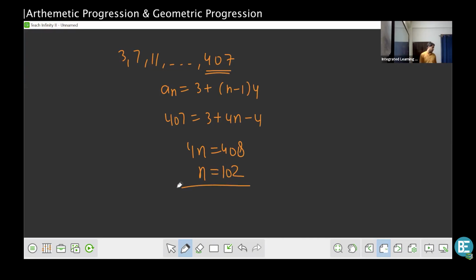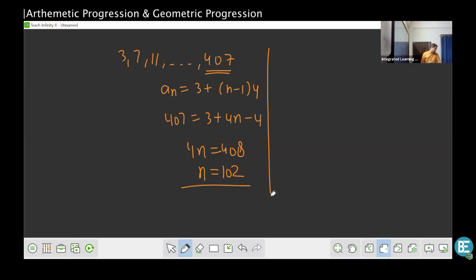Okay, I hope everybody got it. Next one is find the nth term of AP. So when it says find the nth term, it means it is asking for a formula. You don't need to find the value of n.